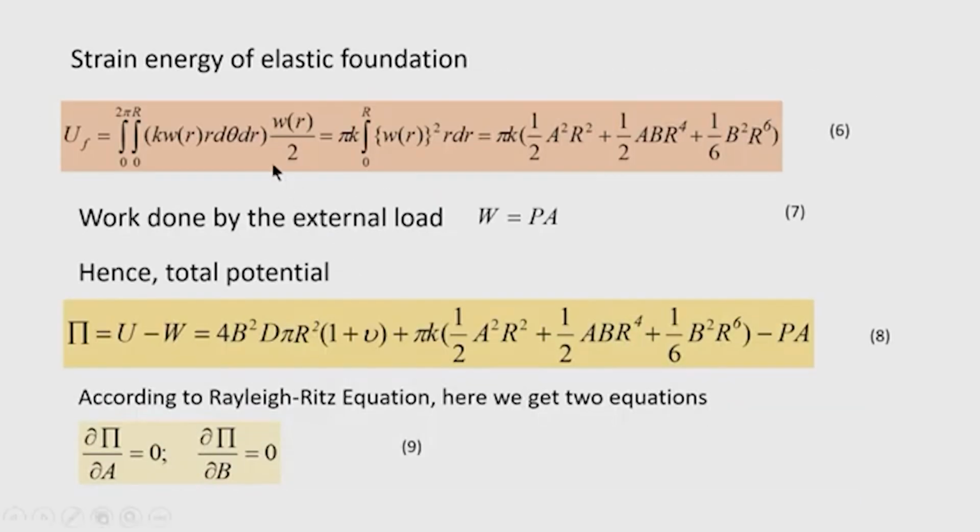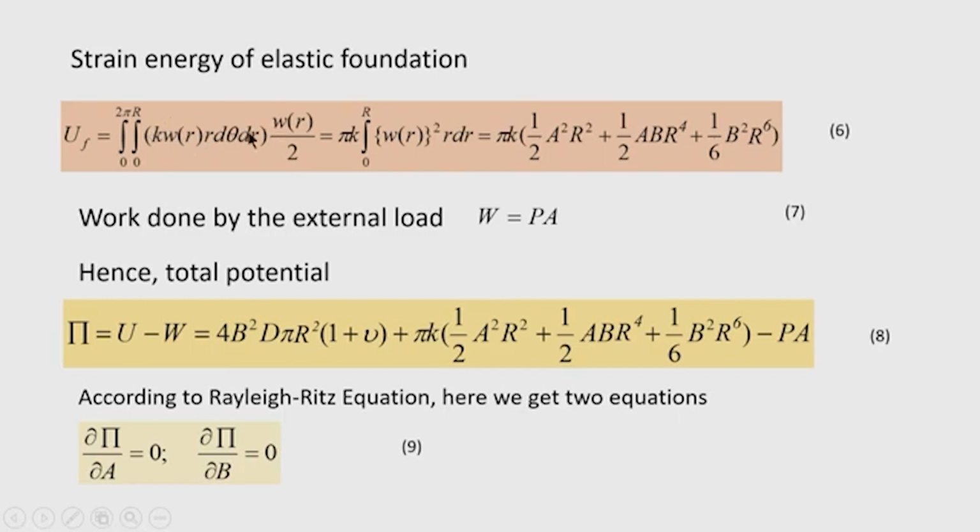So, the strain energy of the spring foundation is calculated. If you can see here, the area of the slab on which the spring force acts is nothing but r d theta into d r. So, this is the area on which the spring force acts, and the spring force is nothing but k into W r. So, k into W r into r d theta d r is the spring force.